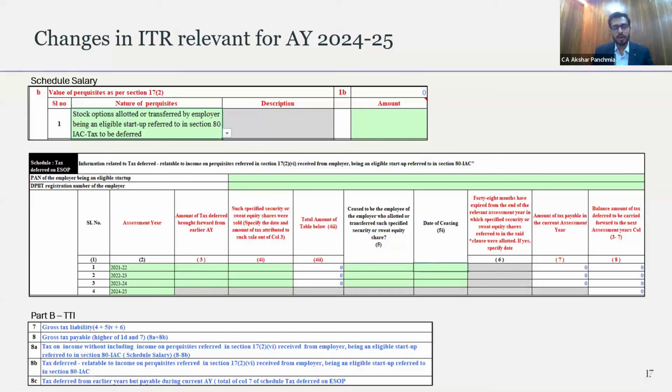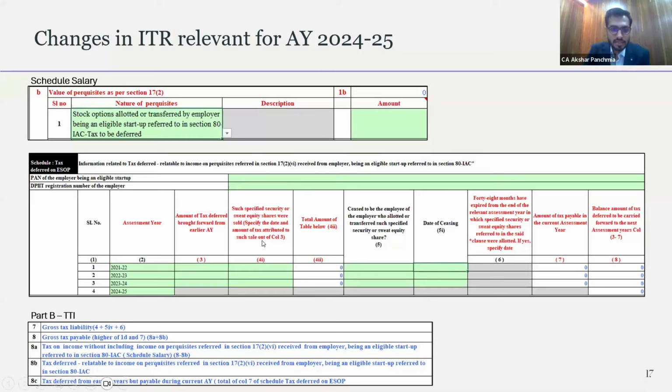So what happens is, in the last year, you had exercised such ESOPs. Now every year till the 48 months are complete, the income tax needs an update on what you have done with your ESOPs.